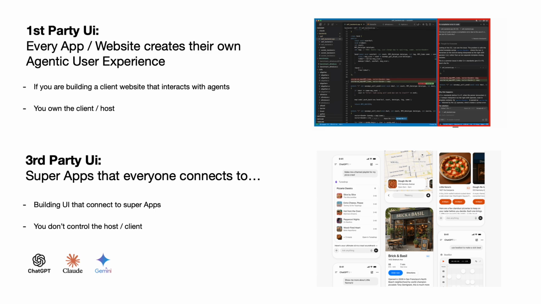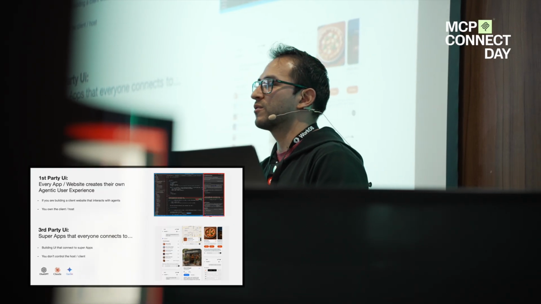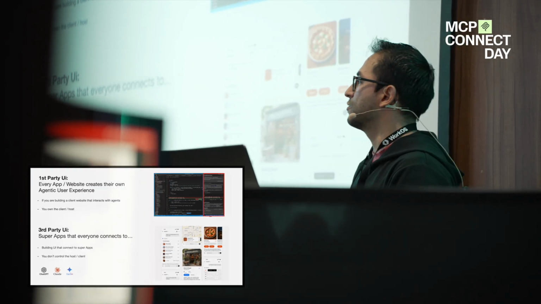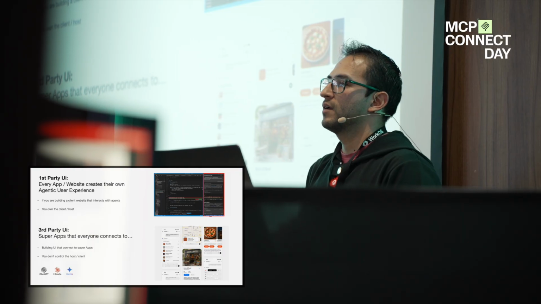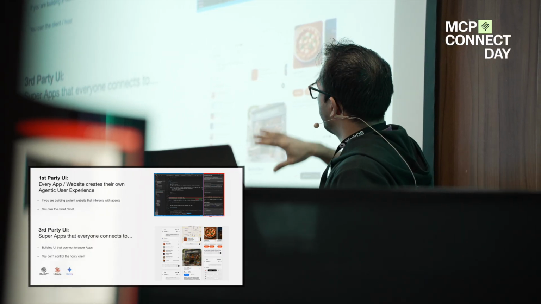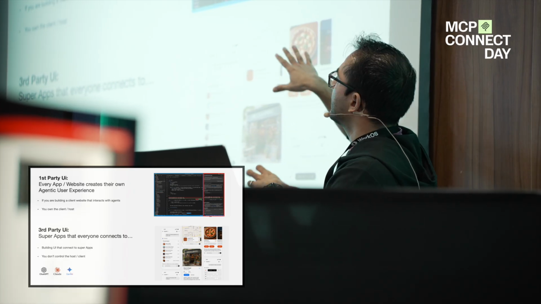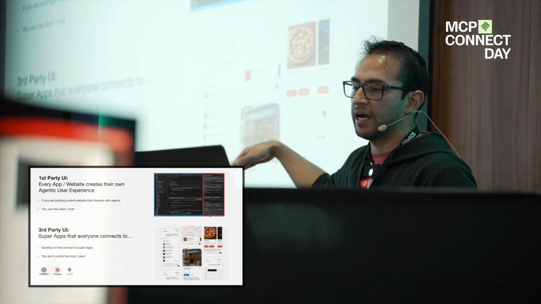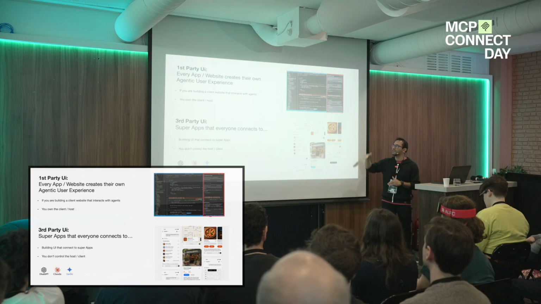In the third-party scenario, of course, we don't control the client. We don't control ChatGPT, we don't control Claude or any of the agents or Goose. And we are injecting our experiences in there. Now, these are two different ways that this could go. At the moment, I don't know which one is better.